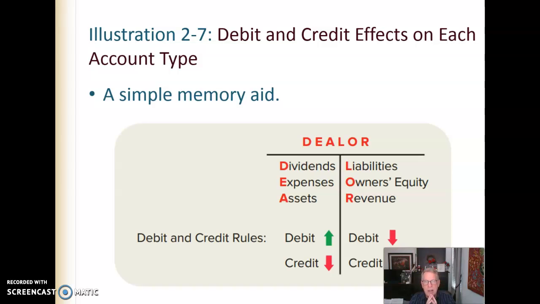We have dividends, expenses, and assets on the left-hand side. We have liabilities, owners, or stockholders' equity on the right-hand side, and revenue. We use owner's equity, by the way, if we're dealing with a sole proprietor or a partnership. We use stockholders' equity if we're dealing with a corporation.